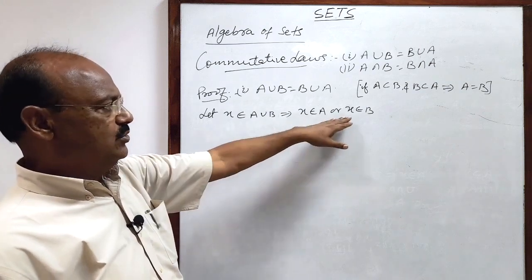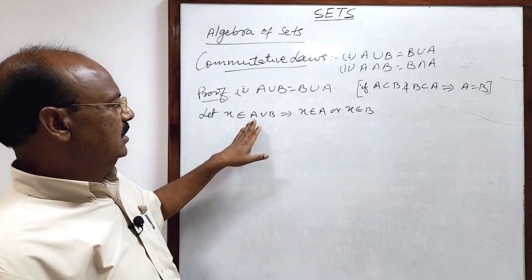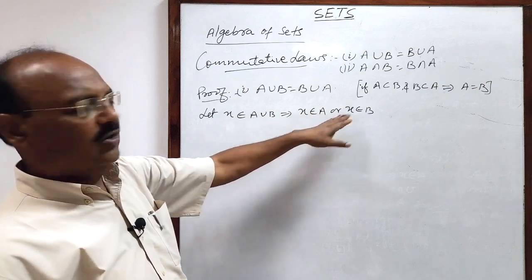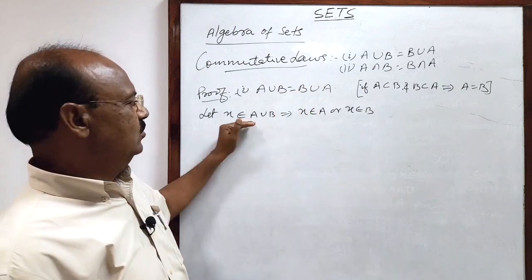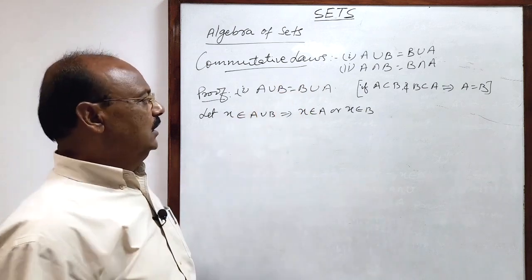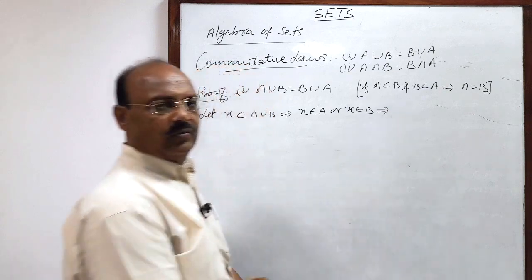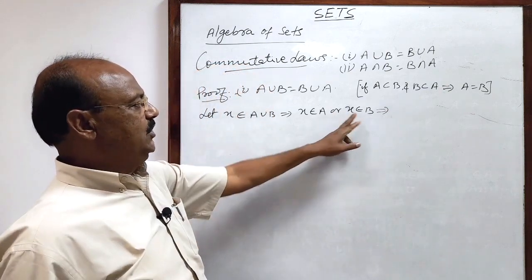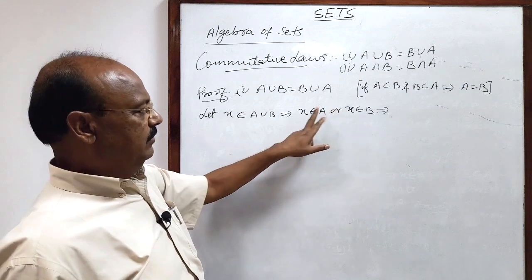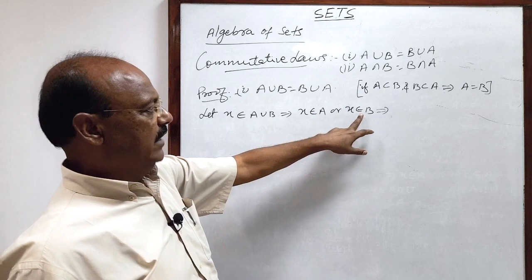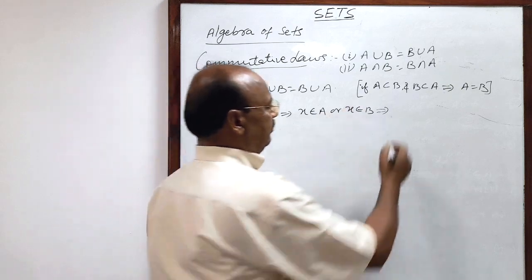But this is always true that if X is a member of A union B, then X is a member of A or X is a member of B. Otherwise, X would not come here. And there will be no problem if you change the order. Here in the first step, it is written X belonging to A, second X belonging to B. If you write it the other way, there will be no problem.